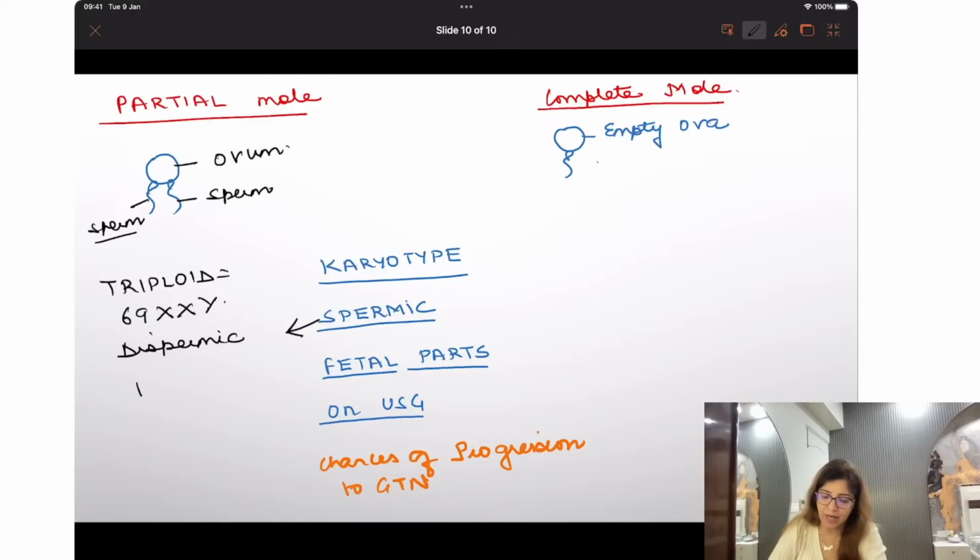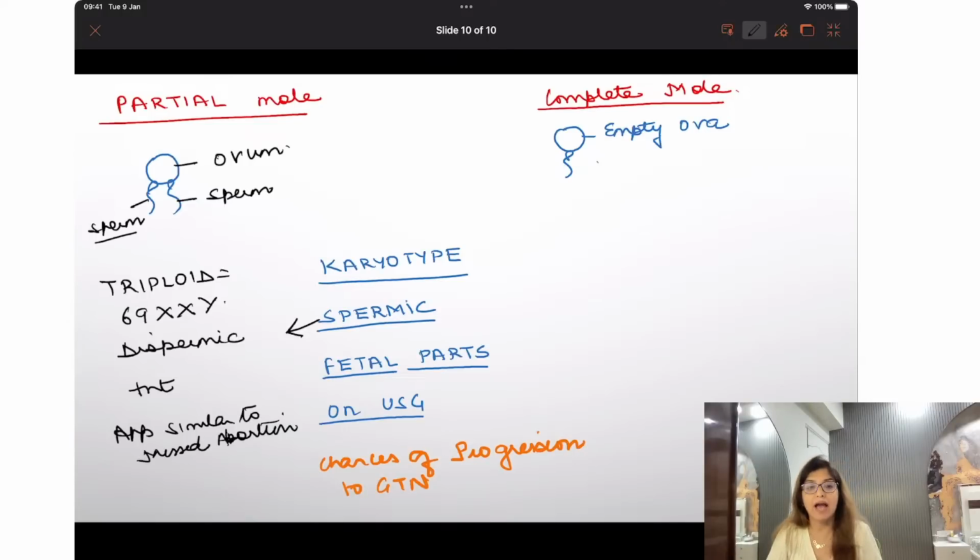Fetal parts are present in a partial mole. On ultrasound, you do not get a typical snowstorm appearance. You get an appearance similar to missed abortion. And its chances of progressing to GTN are less.